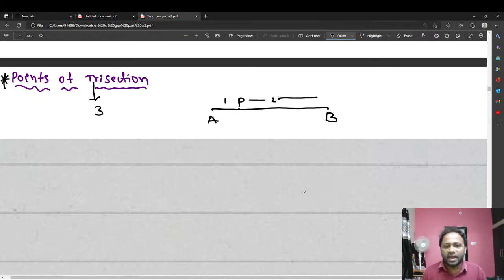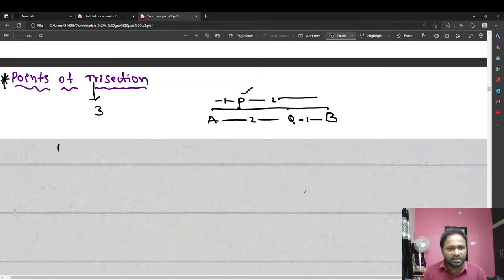Okay, and I will take one more point Q, which divides AB in the ratio 2:1.